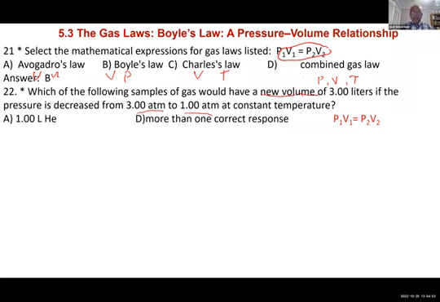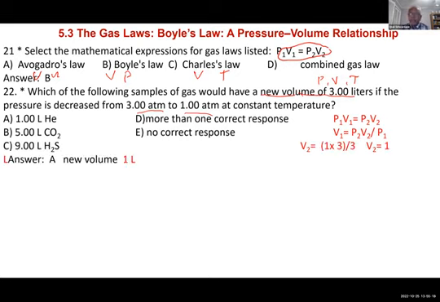You rearrange this equation to get the V2. They're asking which one you start with, starting V1. So you plug in the values here.